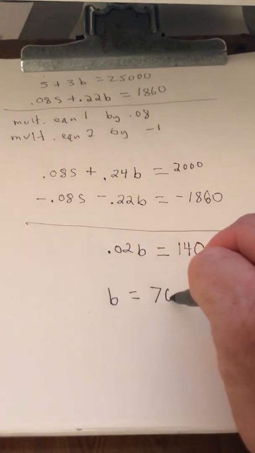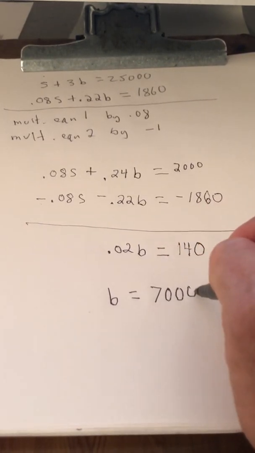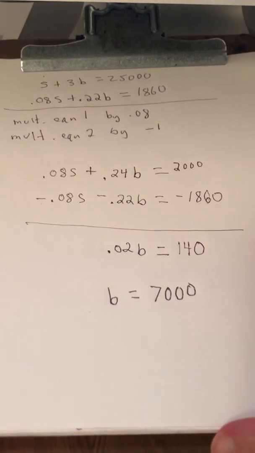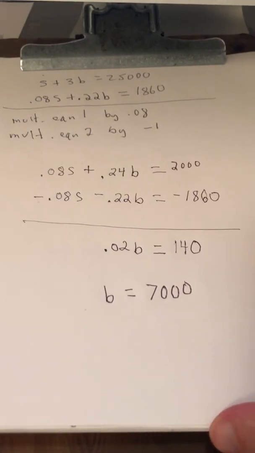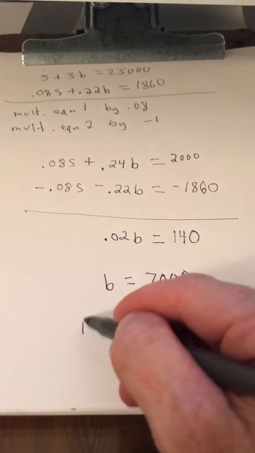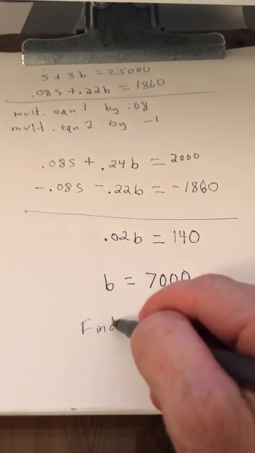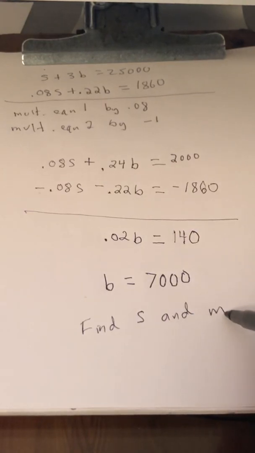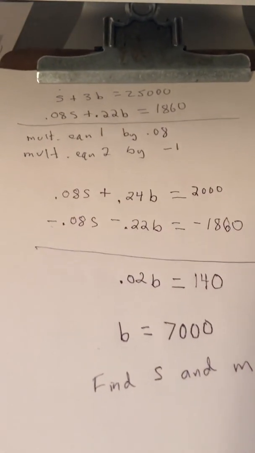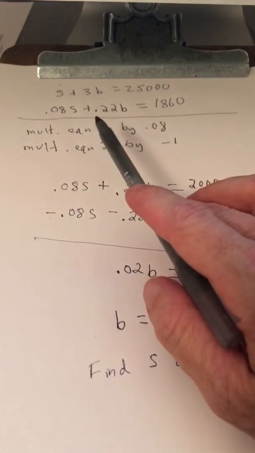We're almost done with the problem. We have the value for b. What that is telling us is that she invested $7,000 in bonds. Remember the question: how much did she invest in each fund? Well, now we have to find S and M. So you can go back to your previous equations.